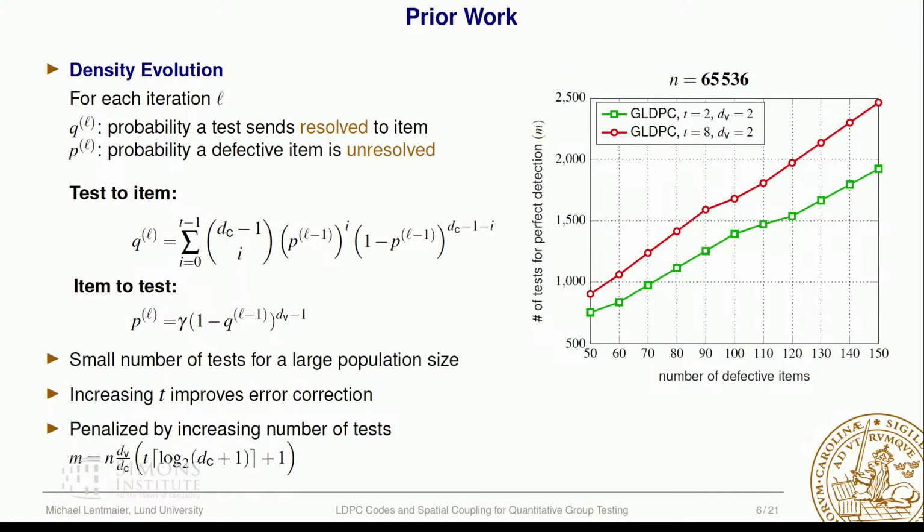So that's the motivation to apply spatial coupling and see how far we can go. Because what's also happening is that if we increase the decoding radius, we get penalized by the increasing number of tests that we need. So it's a high cost.